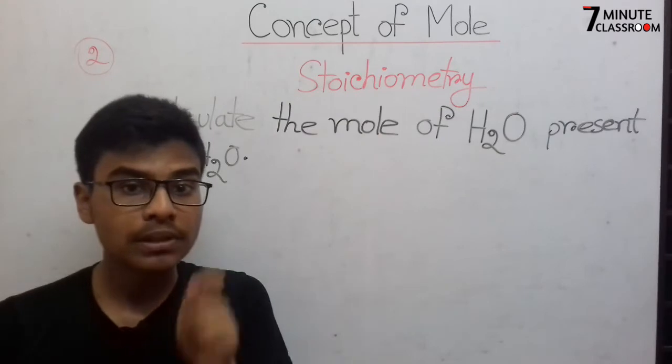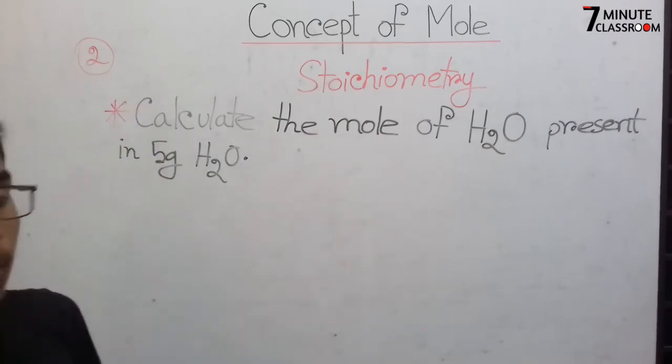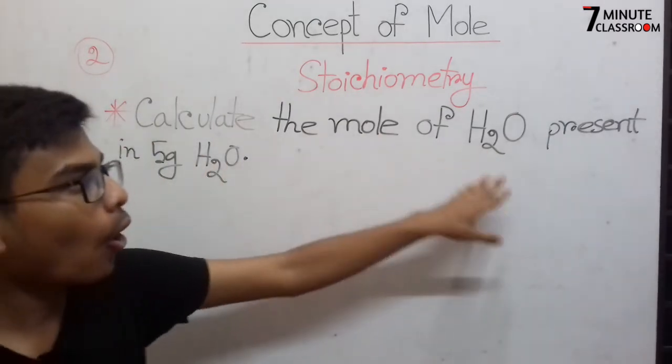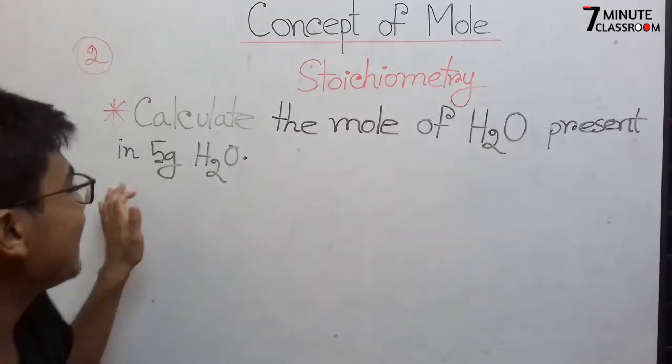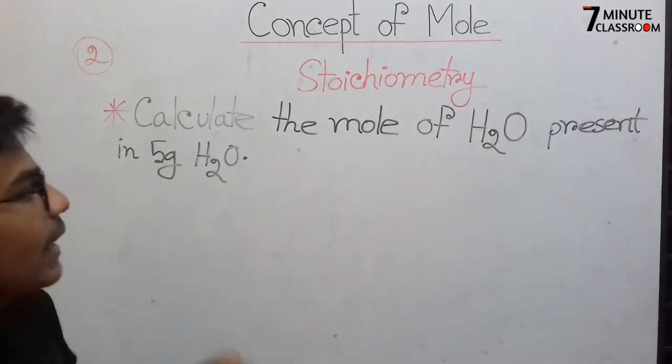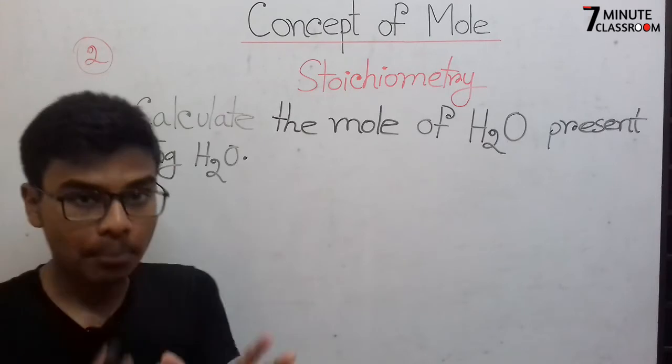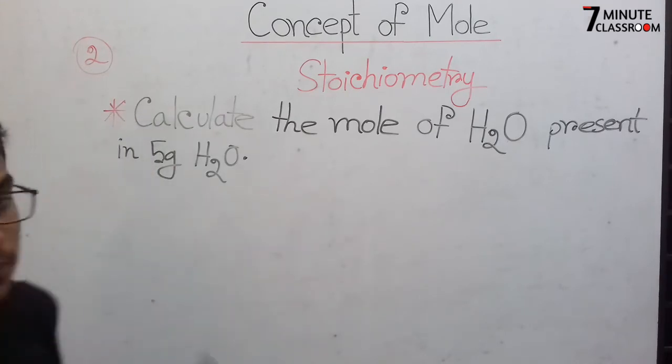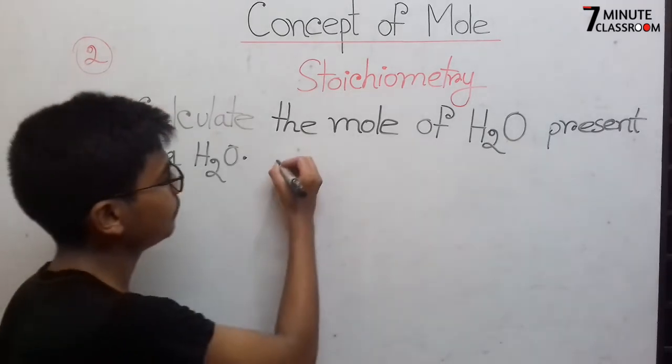Now we will solve the second mathematical problem: calculate the mole of H2O present in 5 gram H2O. Here we have to determine the mole. First we have to determine the molecular mass.